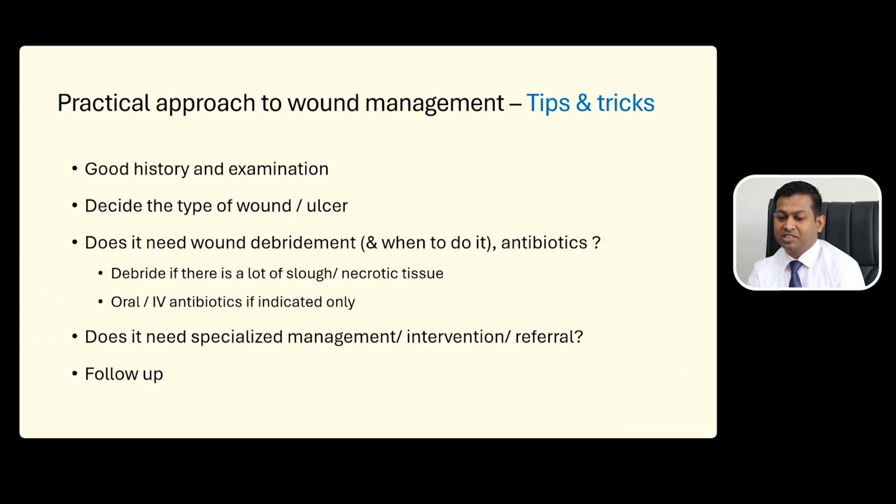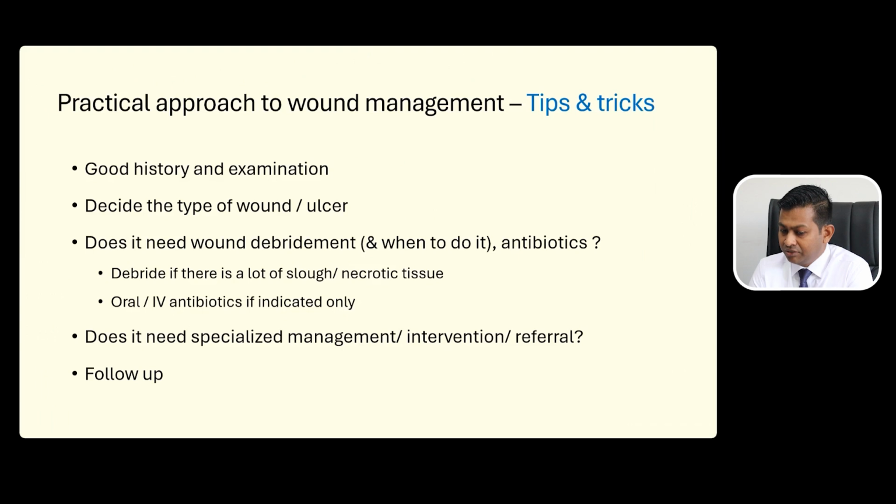Okay, summarizing up: practical approach, good history and examination, decide the type of the wound, does it need debridement, does it need antibiotics. Debridement we have to do if there is a lot of slough, necrotic tissue impairing the healing. Antibiotics, each and every wound does not need antibiotics, especially if there is osteomyelitis, they need culture guided antibiotics.